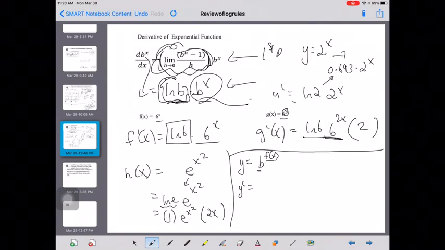We know that an exponential has a stretch or compression factor, ln b. That's your first piece. The next piece is the exponential function itself, with f of x. You leave the inner as is. And then the last thing you're going to do is find the derivative of the inner function. In this case, it's going to be f prime of x.